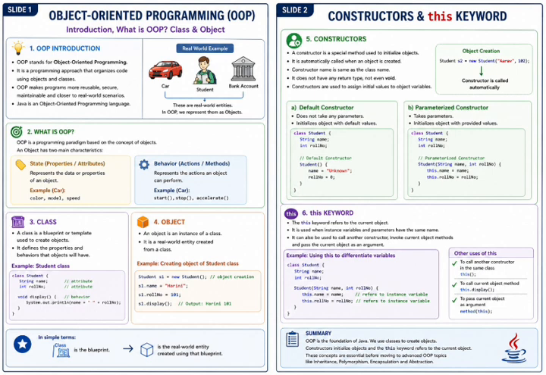So in simple terms, a class is a blueprint and an object is the real world entity created using the blueprint. Understanding classes and objects is essential because they form the foundation of object oriented programming.